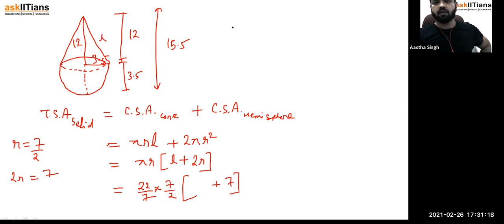So basically, your L square will be how much? 12 square plus 3.5 square. You can do the calculation: 144, and you can write 3.5 as 7 upon 2, that is 49 by 4.